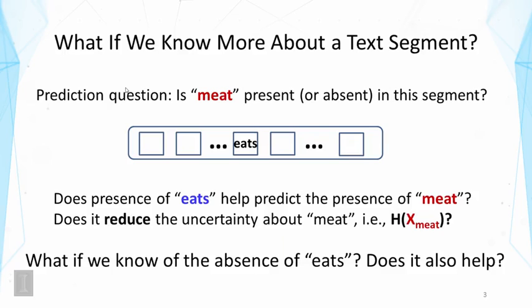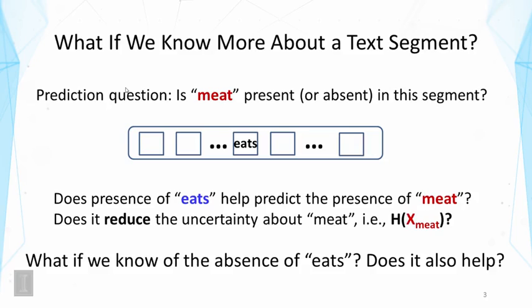Earlier, we talked about using entropy to capture how easy it is to predict the presence or absence of a word. Now we address the different scenario where we assume that we know something about the text segment. So now the question is, suppose we know eats occurred in the segment. How would that help us predict the presence or absence of a word like meat?